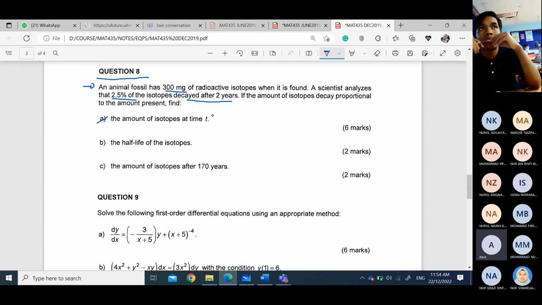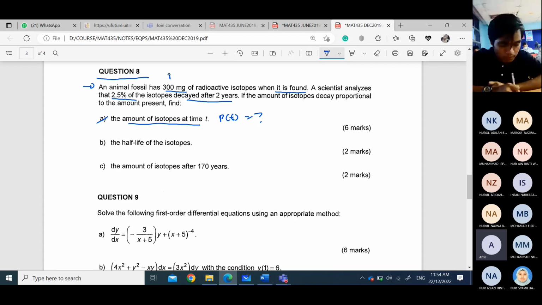So you need to find P of t. P is the amount of isotope. P0 is the initial 300.